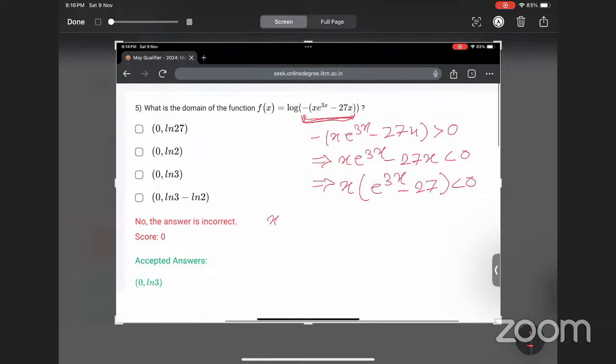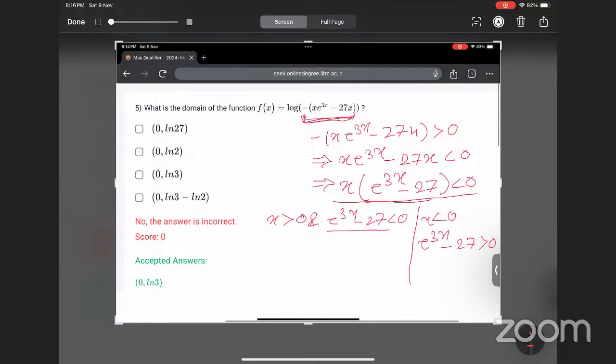Because the multiplication of these two is positive, we have two different possibilities, right? Either x greater than 0 and this factor greater than 0, or x less than 0 and this factor is less than 0. This step is clear? Yes, ma'am.